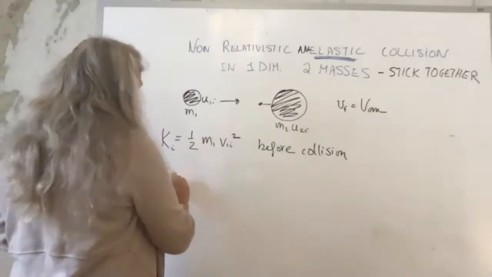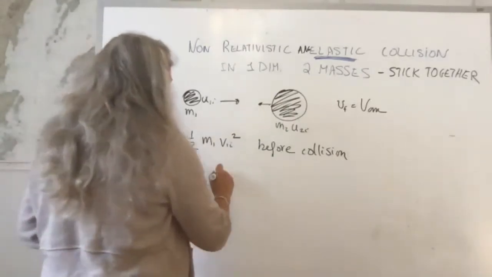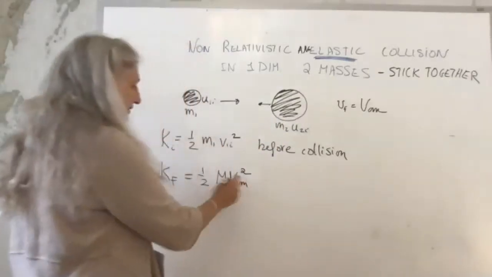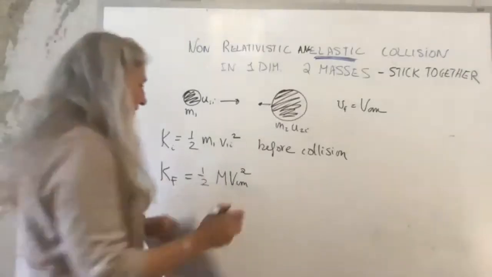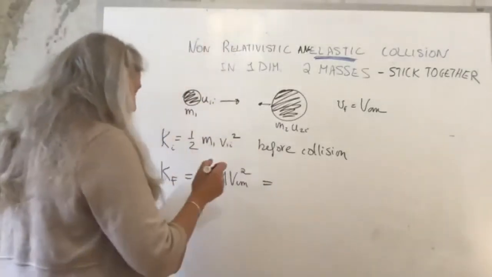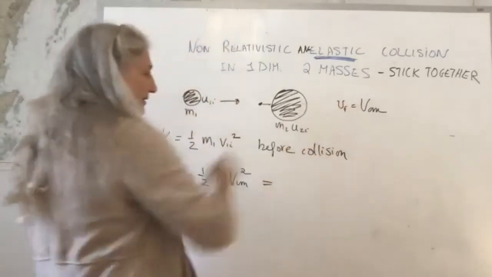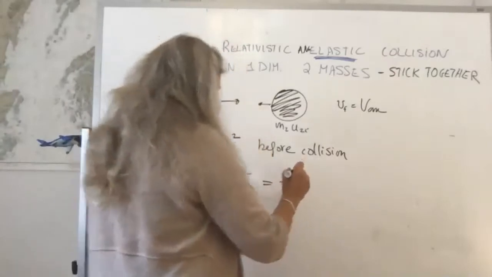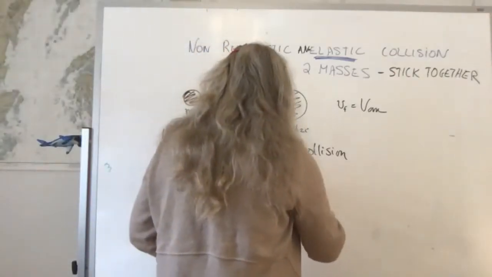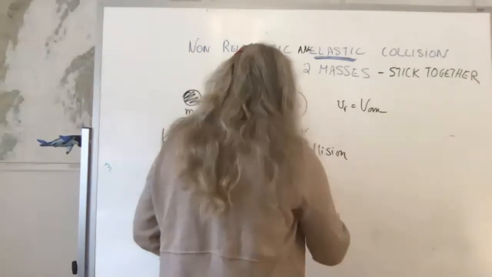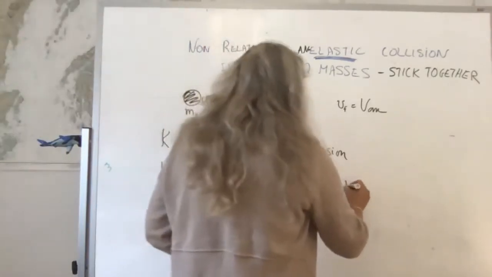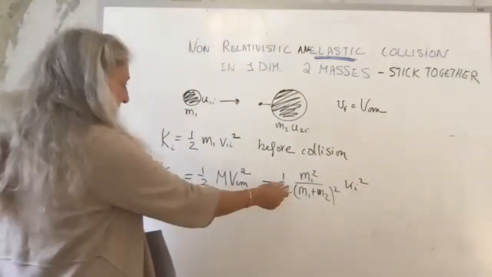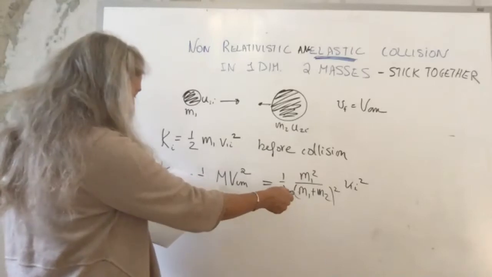The kinetic energy after the collision is 1/2 M V center mass squared, because it's the total mass times the center mass velocity. And we can use our previously calculated value for the center mass velocity: M1 squared over M1 plus M2 squared times V1I squared.